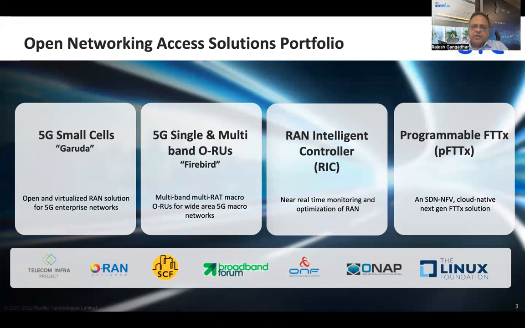So within the open networking access solutions portfolio, we offer a broad set of offerings. On the radio side, we cover the small cell portfolio as well as single and multi-band macro radios.